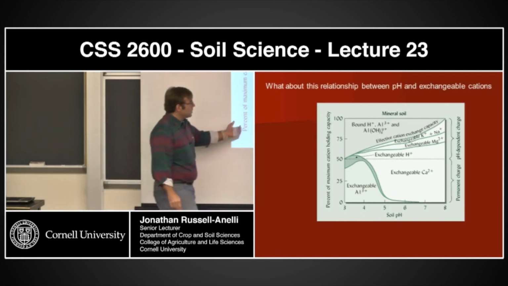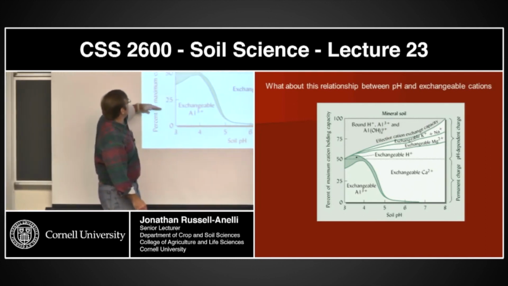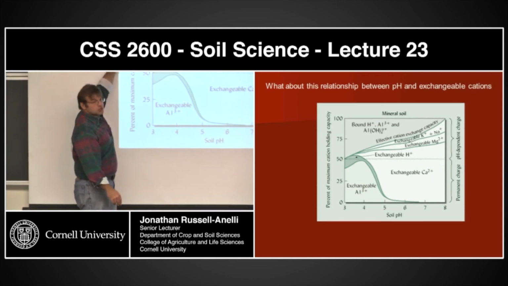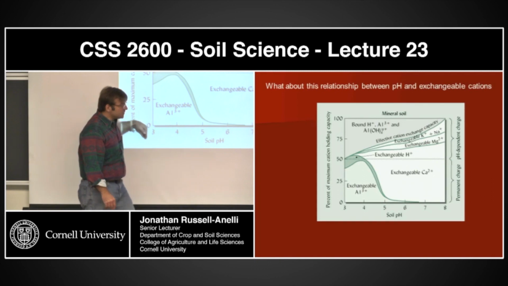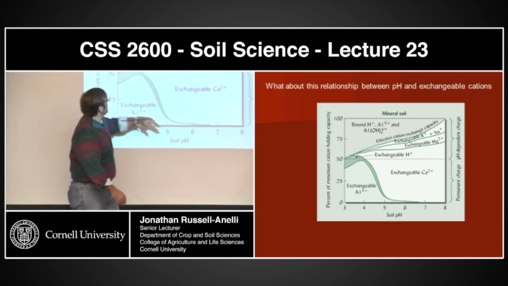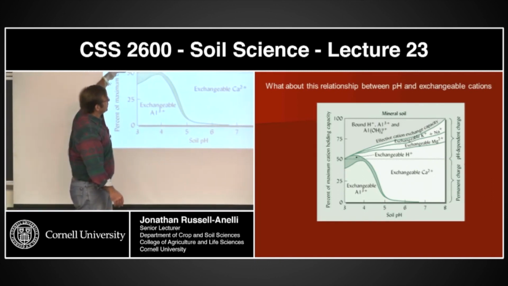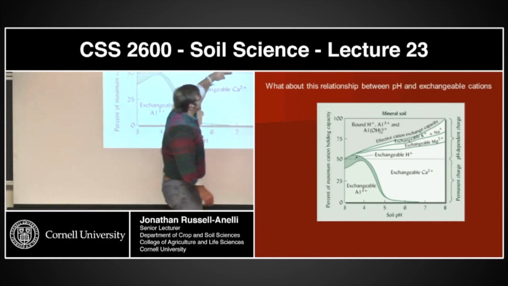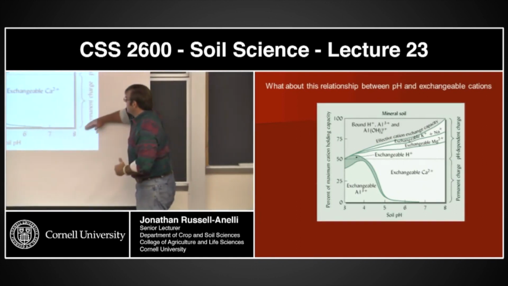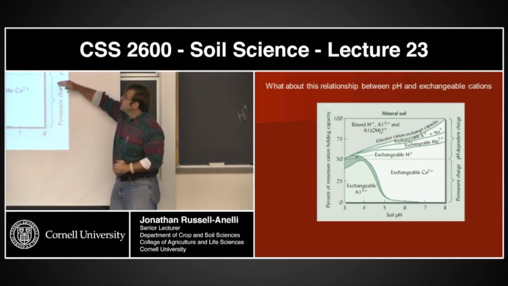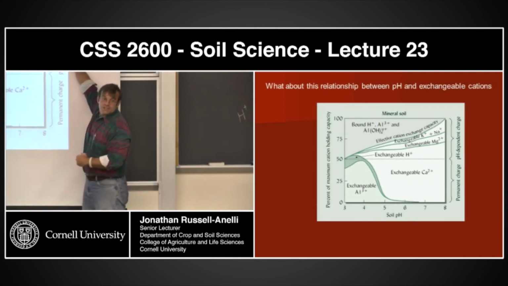And so right here, this graph basically looks at percent of maximum cation exchange capacity. Okay, this is how much you can hold. Okay, and this is soil pH. Okay, and this is a mineral soil, where everything below this line basically represents permanent charge, and everything above that line basically represents pH-dependent charge.